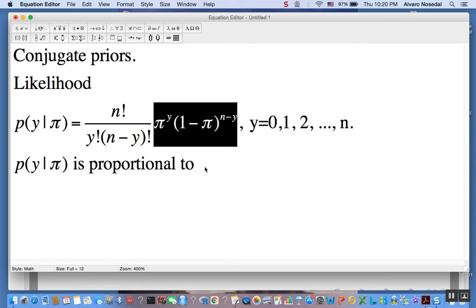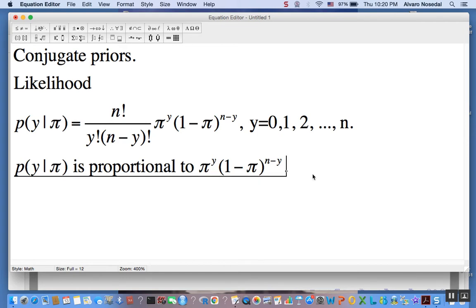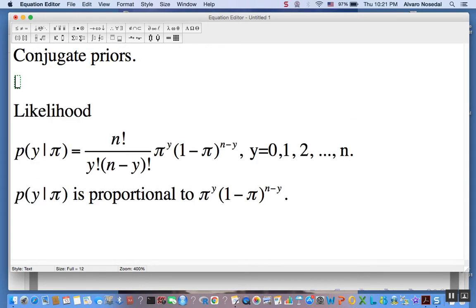I'm going to be ignoring that constant, and just paying attention to the part of the probability mass function that contains the parameter of interest, pi. Let me just mention that here. Our parameter of interest is pi, a proportion.